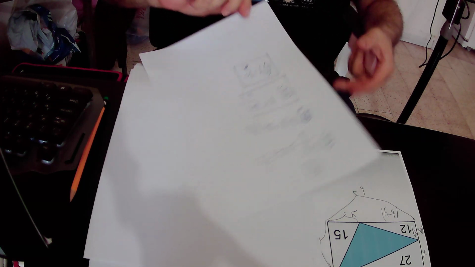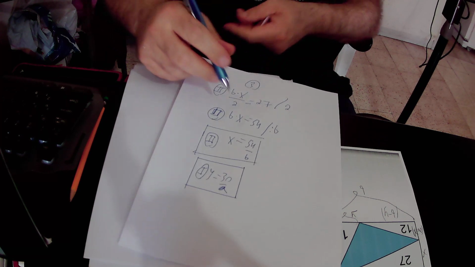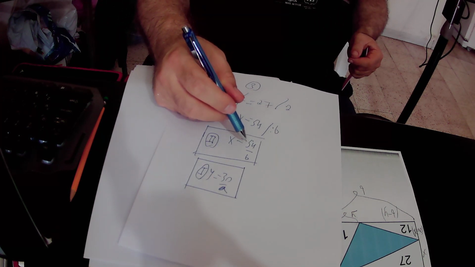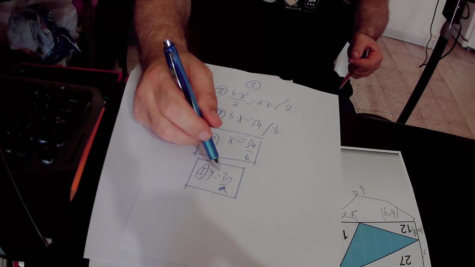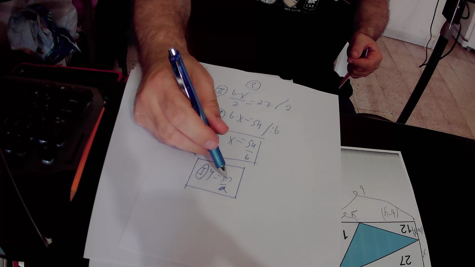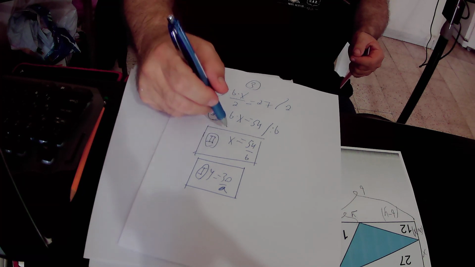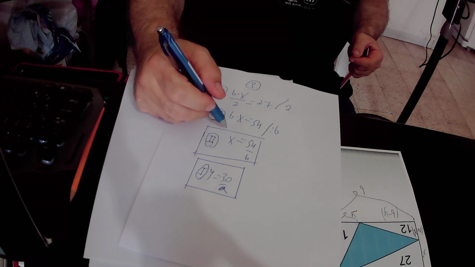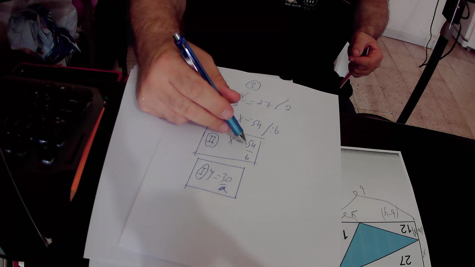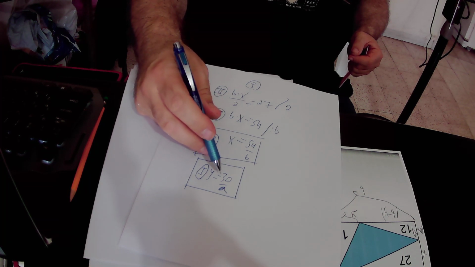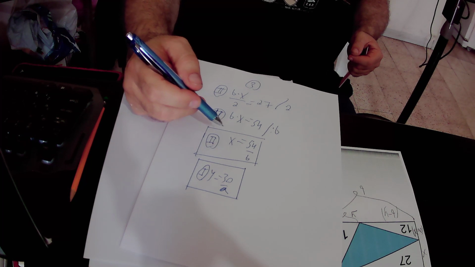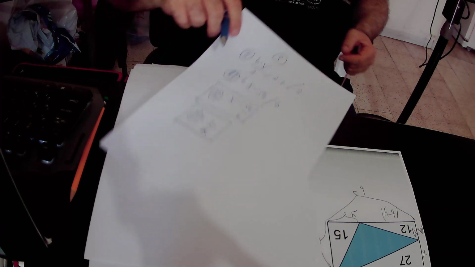Instead of x, we will write 54 over b, and instead of y, we will write 30 over a, or we will substitute x by 54 over b, and we will substitute y by 30 over a in the third equation. Okay?